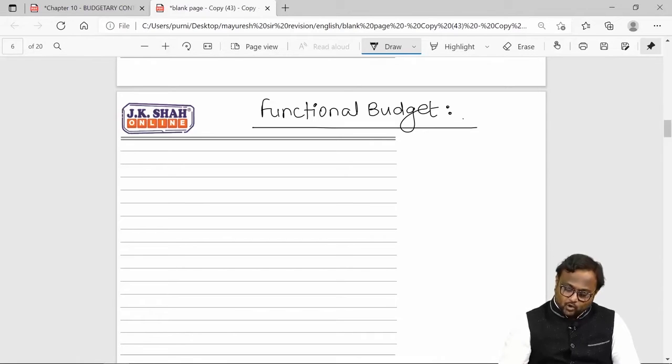So, basically if I want to know how much raw material is required to be purchased, I will have to first find out how much raw material is required to be consumed, and consumption will be decided based on production. So basically you need to know the quantity of finished goods you are required to produce.